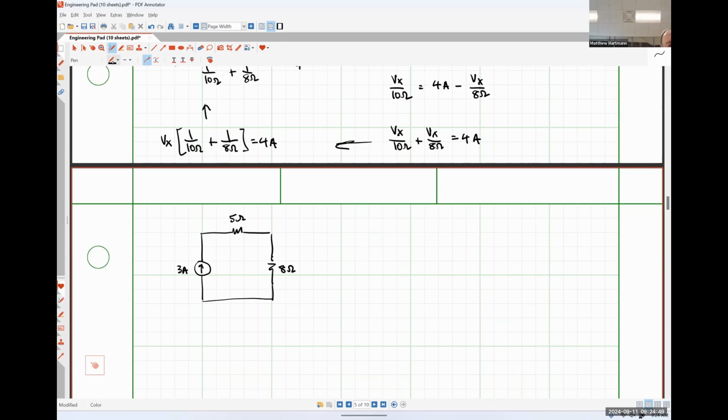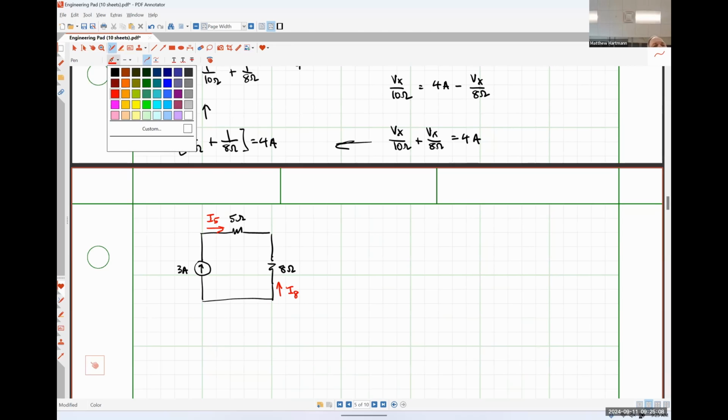And I'm going to define the current flowing through my 5 ohm resistor as this current I5, and I'm going to define the current flowing through my 8 ohm resistor as this current I8.